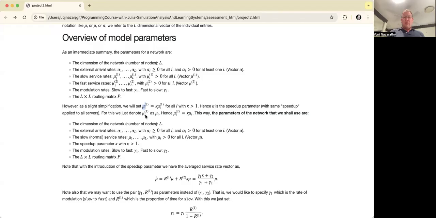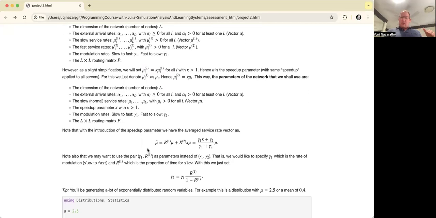We'll just call mu superscript 1 mu i, and mu superscript 2, which is not going to be a parameter, it's going to depend on kappa, is going to be kappa times mu i. So then the parameters of the network, and these are the ones that you're going to use for the project, are just as before, except that you don't have your mu1s and mu2s. You just have mu's, and you've got a kappa. So kappa says how much the system speeds up.